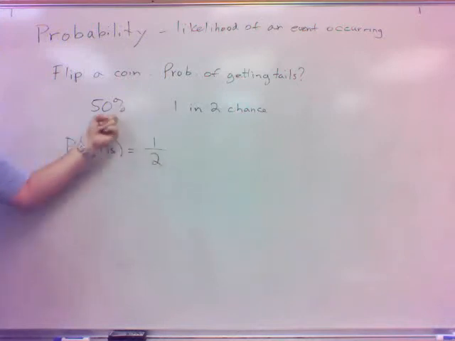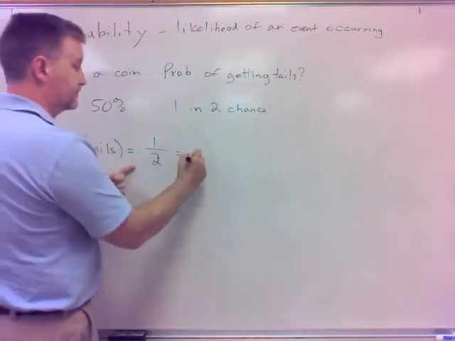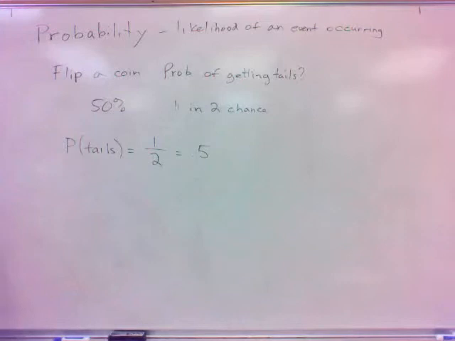Now, how is this related to 50%? Well, if you take this and turn it into a decimal, 1 divided by 2, punch that on a calculator, you get 0.5, don't you? So as a decimal, it would be 0.5, and then change that over to percent.